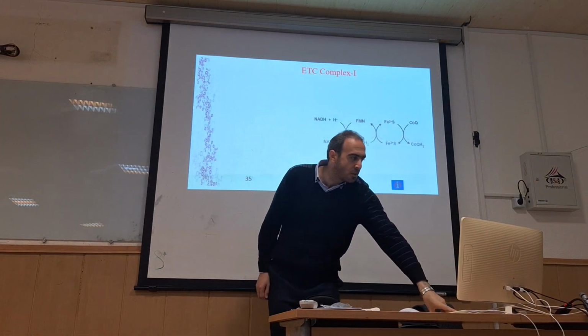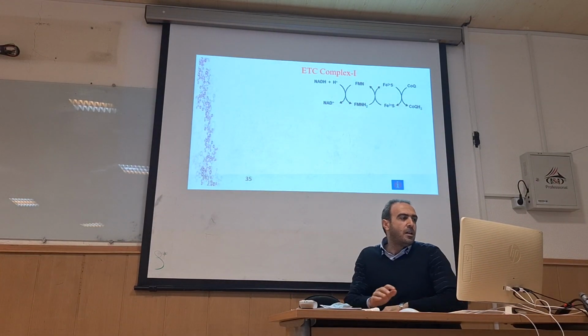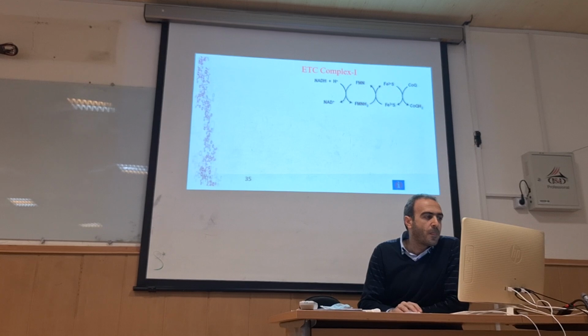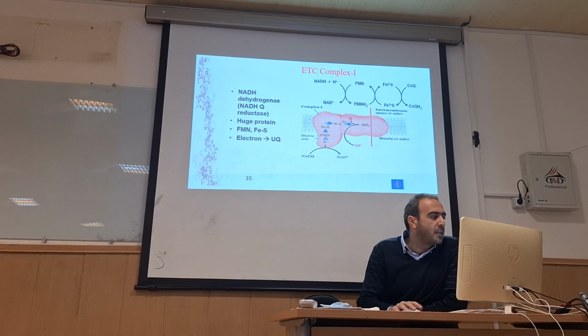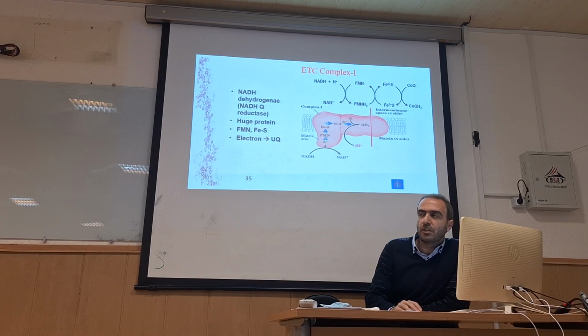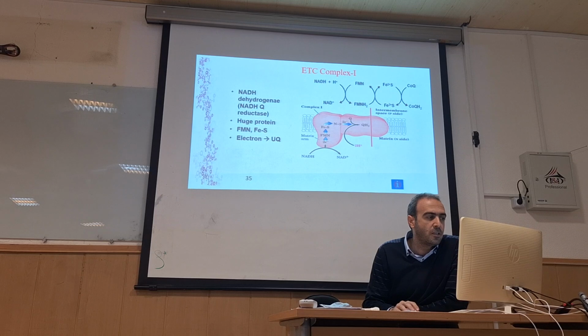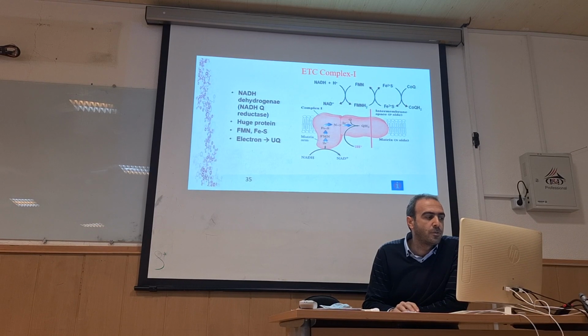So one by one, the components of the complexes. Complex number 1, the name is NADH dehydrogenase or NADH-Q reductase. It is a huge protein and consists of FMN, flavin mononucleotide, and iron sulfur group, and finally gives electron to the ubiquinone.